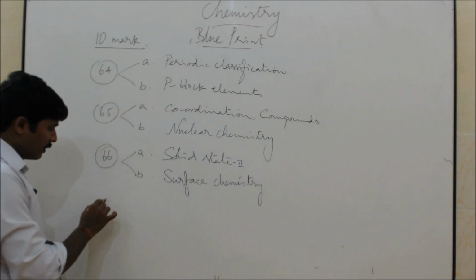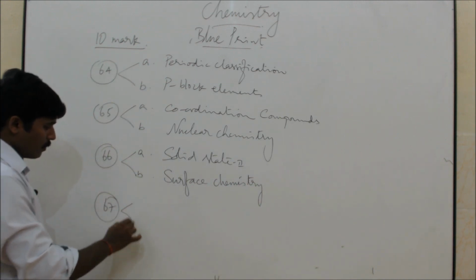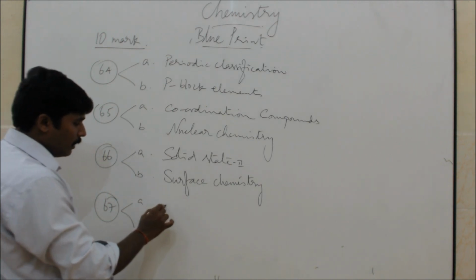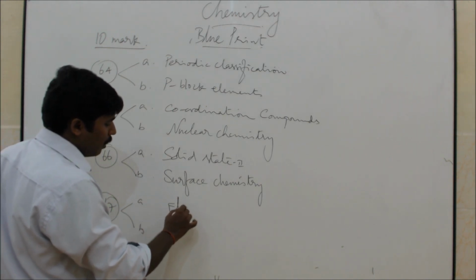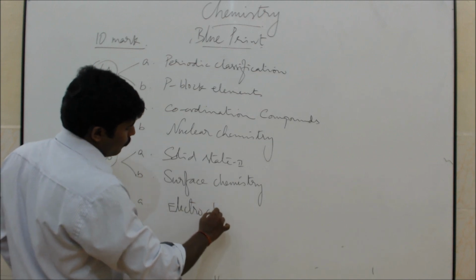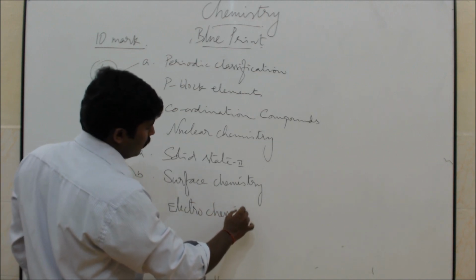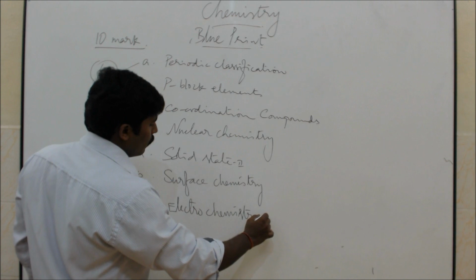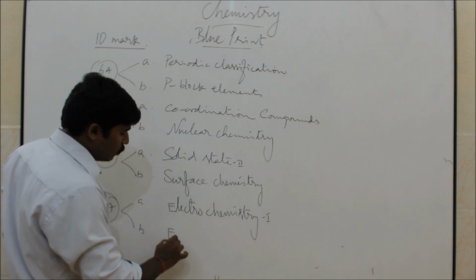Then question number 67, A and B. A goes to electrochemistry 1, B goes to electrochemistry 2.